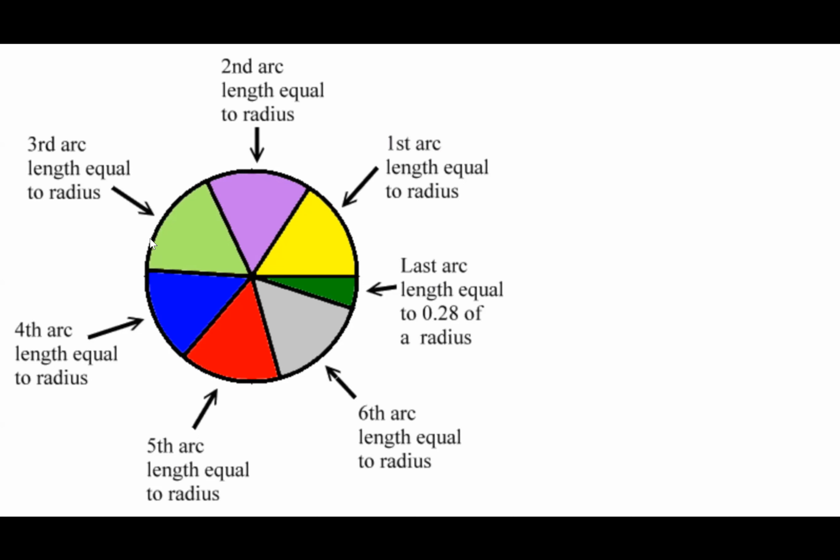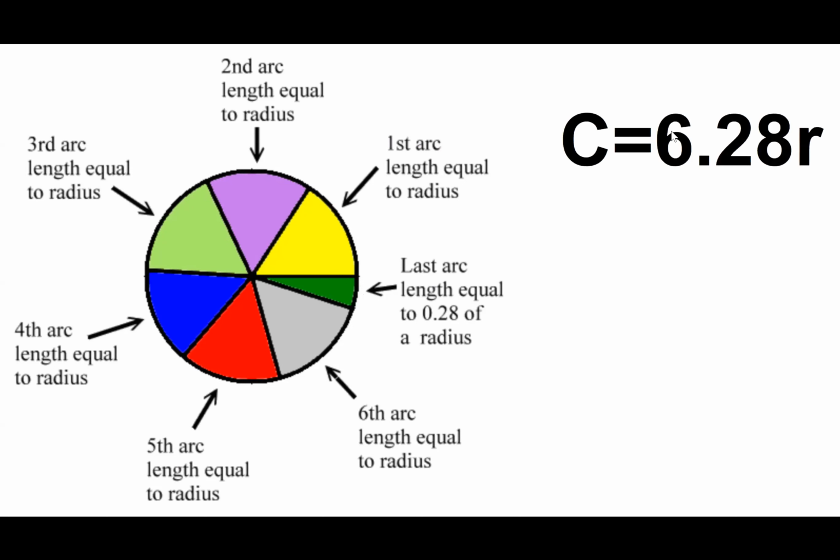Then there's a third, fourth, fifth, sixth, and there's a little bit more. The last part is about 0.28. So the circumference, the distance around the circle, is about 6.28 radius. It takes 6.28 radii to go around it.